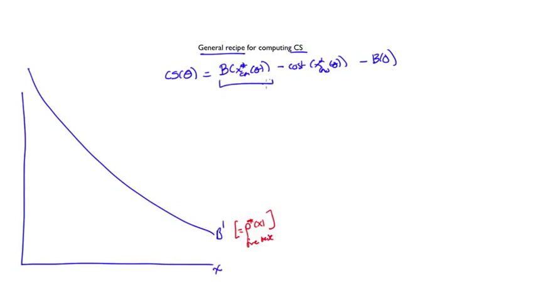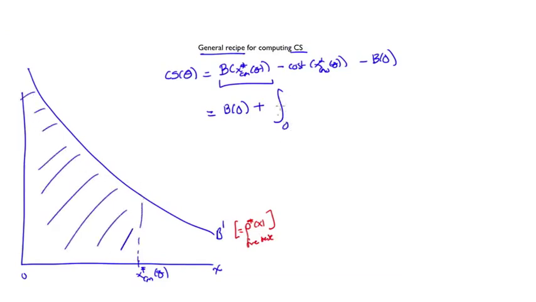Well, we know that the benefit term is going to be B0 plus the integral from 0 to X star consumed at theta under the marginal benefit function, so basically all of that area, which is B prime of x dx.